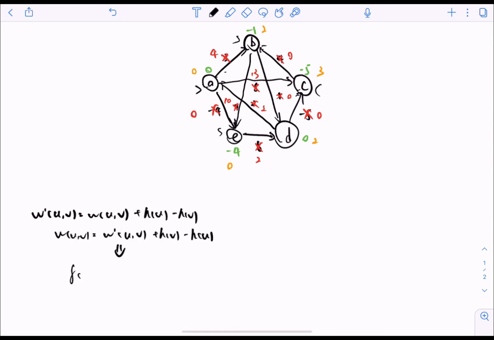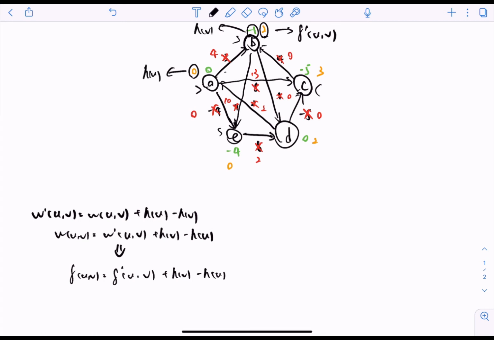Delta uv equals delta prime uv plus h(v) minus h(u). The delta uv is the value of the path between vertices, so that we can get the results we want. For A to B, delta prime uv equals 2, h(v) equals -1, which is the value of the path from S to B we mentioned before and marked as green. h(u) equals 0.